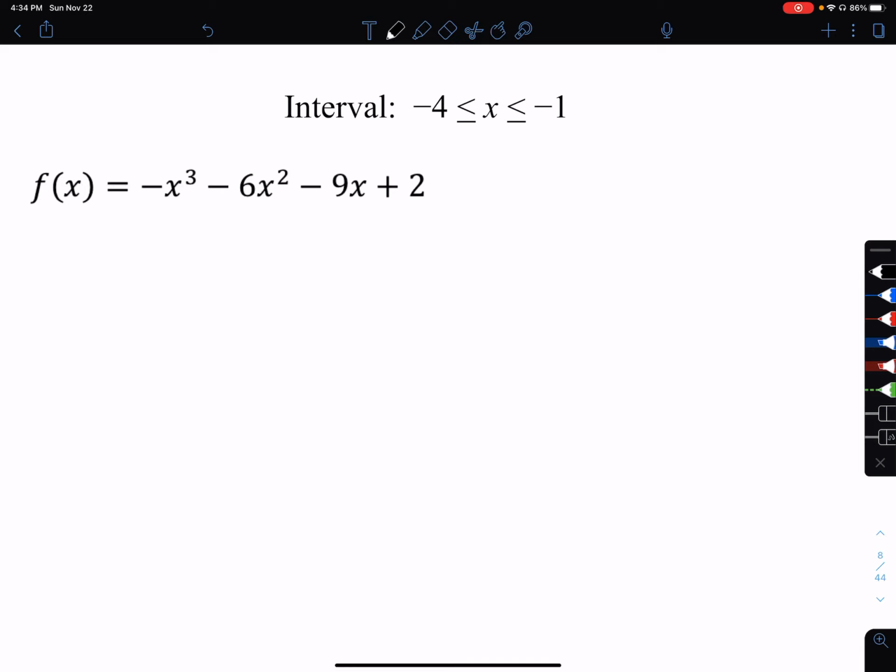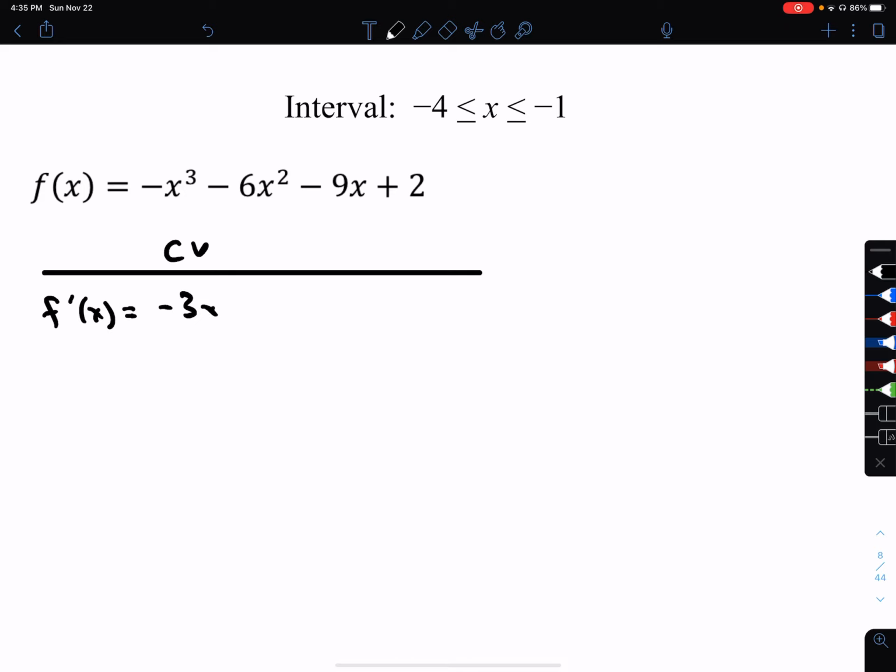So let's find some critical values. To do that, we're going to take the first derivative and figure out where the first derivative is equal to 0 or it's undefined. Just use the power rule there 3 times.